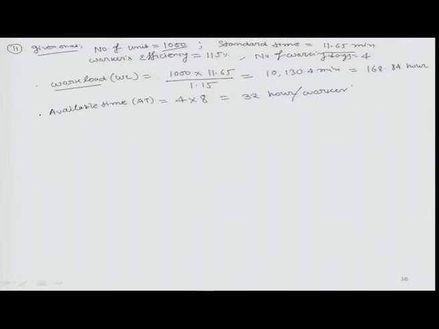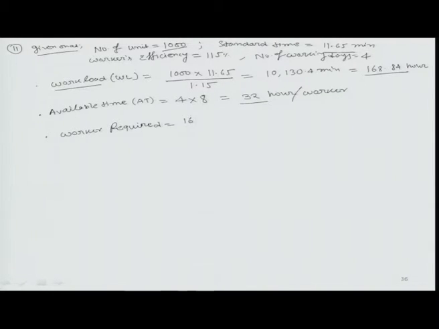Okay. Now the workers required. The total workload is 168.84 hours and the available time for one worker is 32 hours. If we divide this by 32 hours, we get the number of workers required.